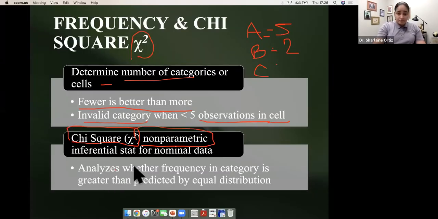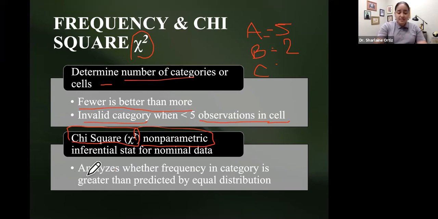Now, in regards to the chi-square, it is going to allow us to analyze whether or not the frequency, the amount of tallies that I have in each category, is greater than predicted by an equal distribution. And what does that mean?